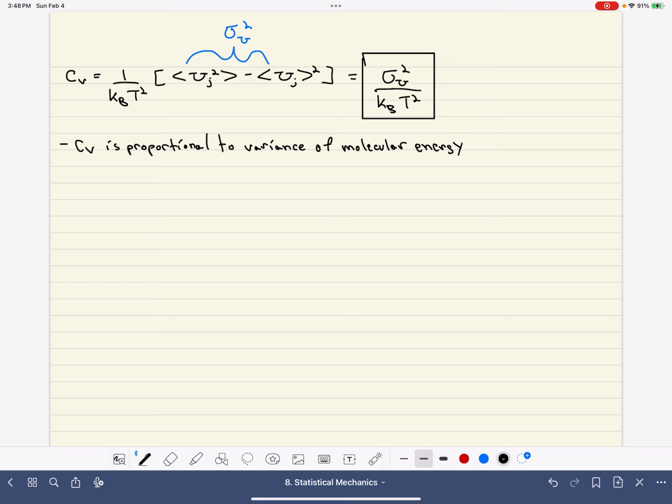Of course, you could do similar analyses for other measurable properties.